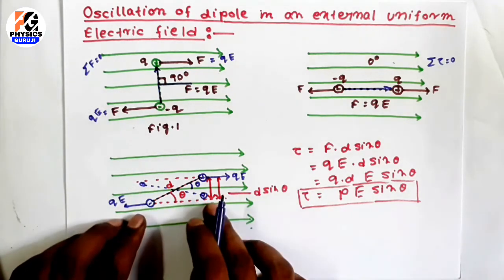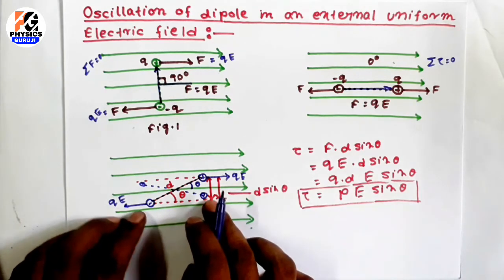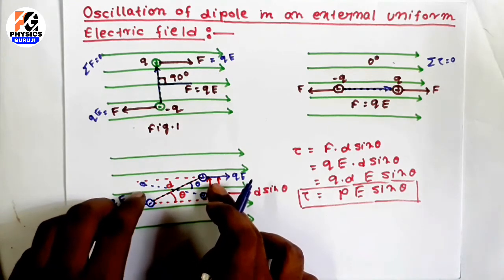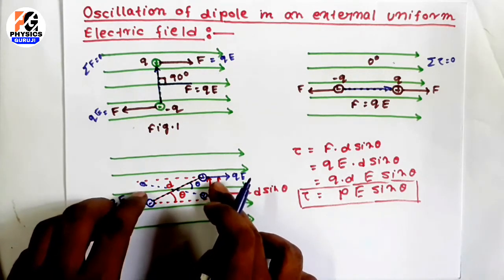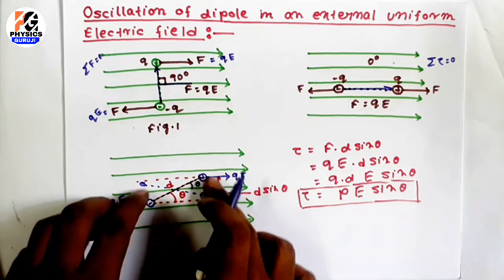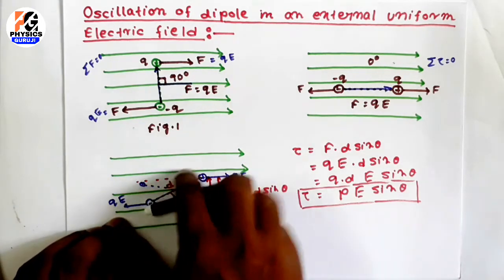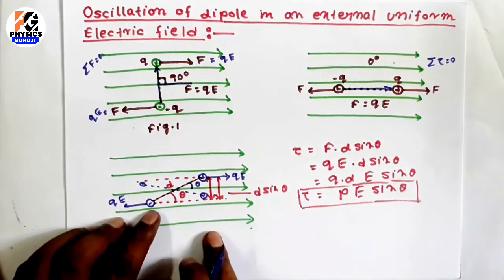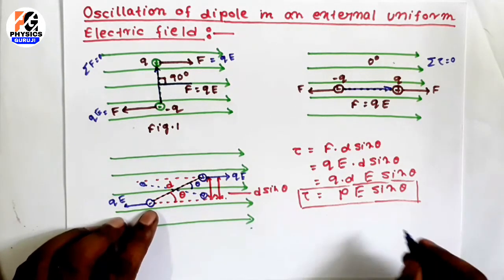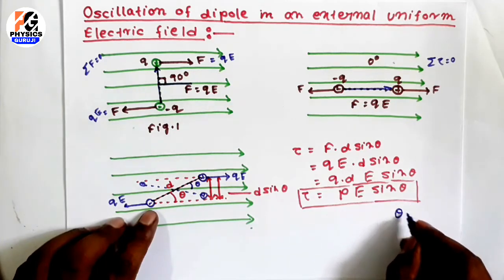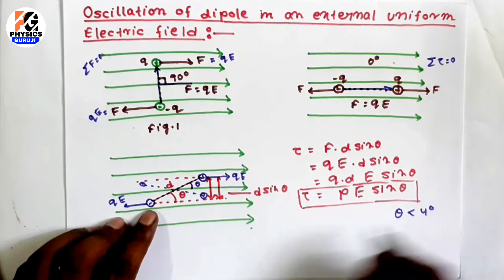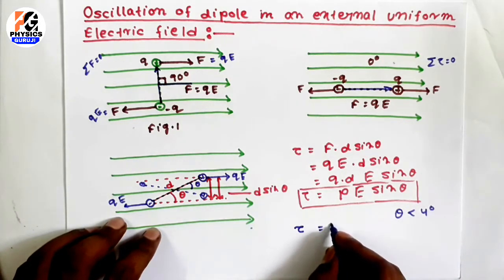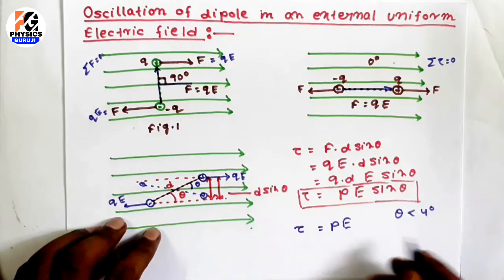Again we have an anticlockwise torque that tends to move it to the original position, and again it gets kinetic energy, so it goes to the original position and starts a vibration. This vibration will be simple harmonic motion if theta is very small, less than 4 degrees.